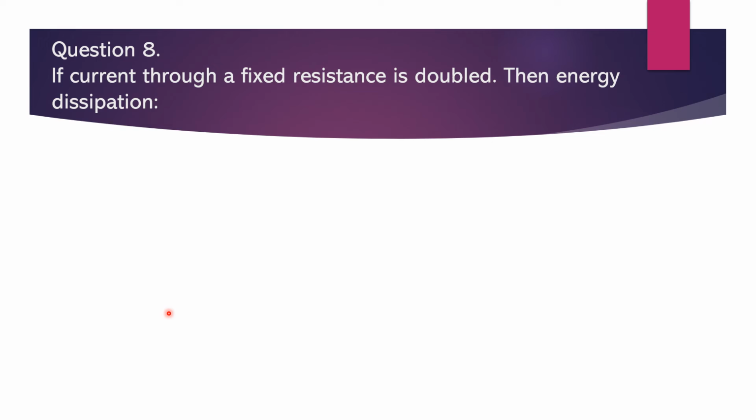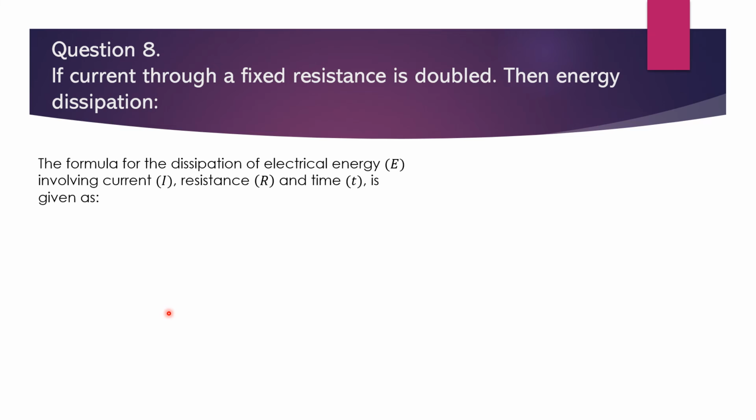If the current through a fixed resistance is doubled, then what happens to the energy dissipation? The formula for the dissipation of electrical energy E involving current I, resistance R and time t is given as E is equal to I square R t.